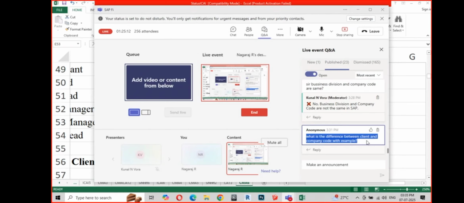Client is a logical space within the SAP system which distinguishes that you're working for A Limited project, you're working for B Limited project, you're working for C Limited project, you're working for D Limited project. I hope I'm clear. Now your company codes are A Limited, B Limited, C Limited, D Limited.